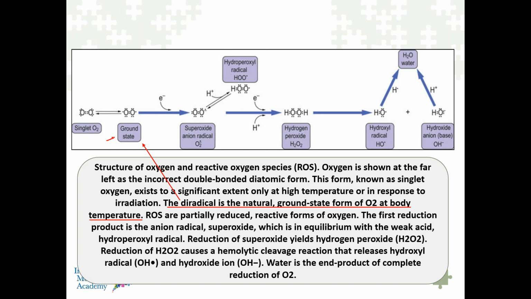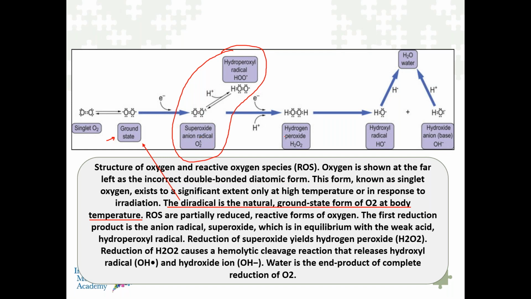Oxygen in our body as a ground state oxygen exists as a diradical at body temperature. From this point, through different chemical reactions, it can form either a superoxide anion radical, or it will equilibrate with the hydroperoxyl radical. So basically these two are fluxing back and forth.